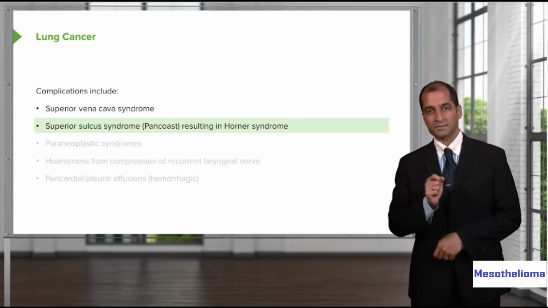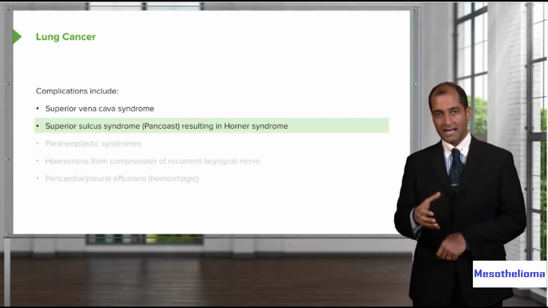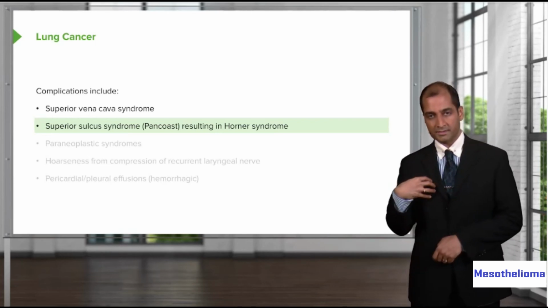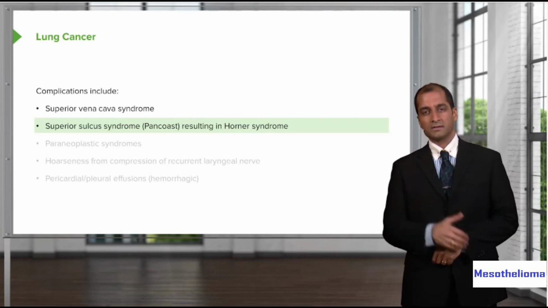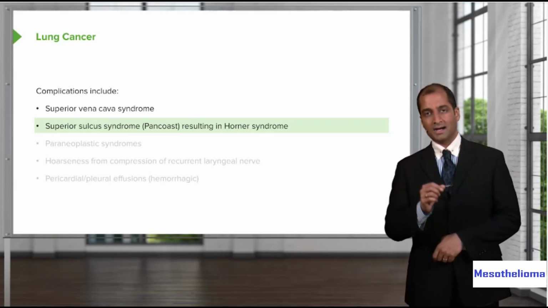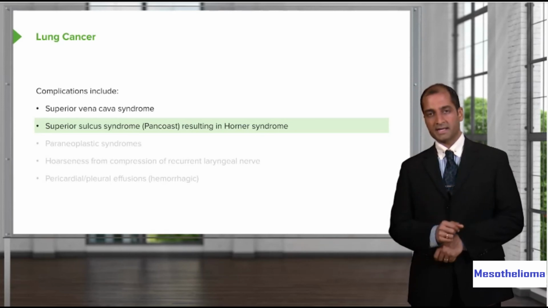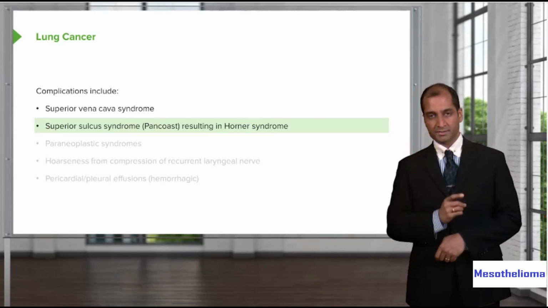Do you understand that? It is an existing lung cancer that happens to be superior sulcus, causing compression of the sympathetic chain. So therefore, you have unregulated parasympathetic activity on the pupil, pinpoint pupil, miosis.